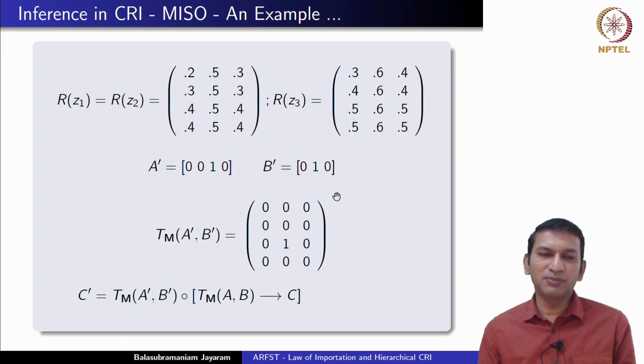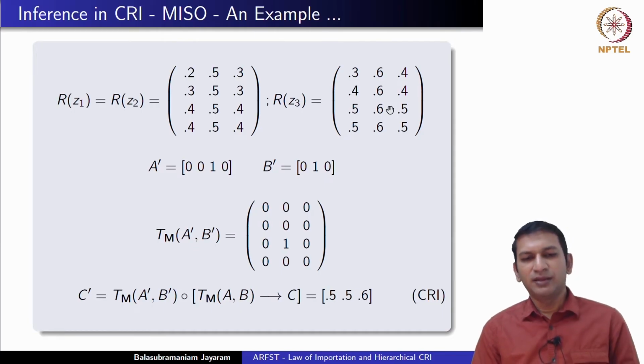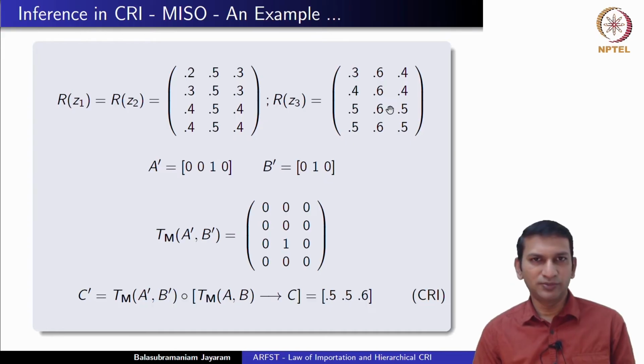So we keep that matrix on each of these sheets and do the component-wise min and then take the max. Clearly only this element will come out because the rest of them will be 0. So 1 here, and only this component will come out: 0.5, 0.5 and 0.6. This is what we have seen. This is how we do inferencing in a CRI when we have a single rule.